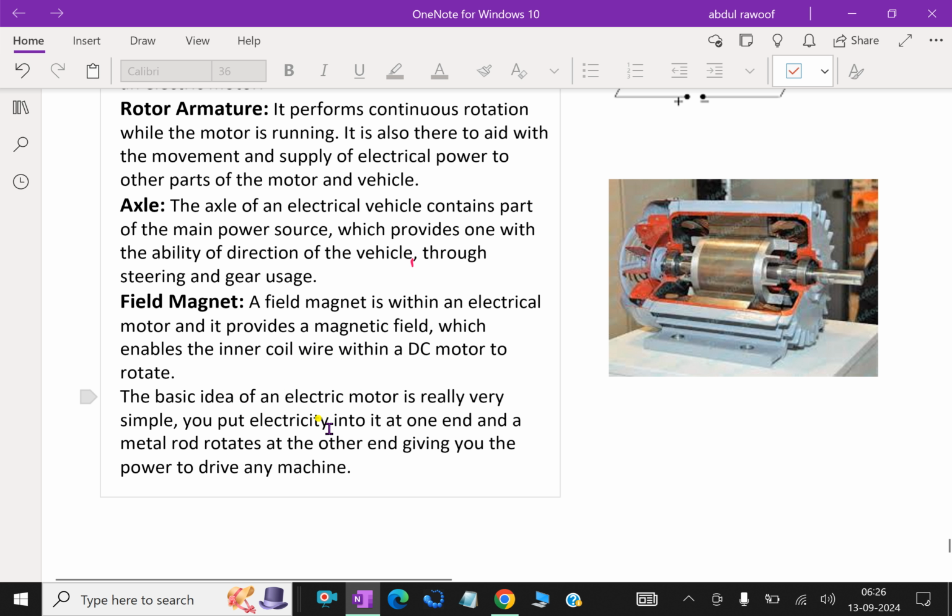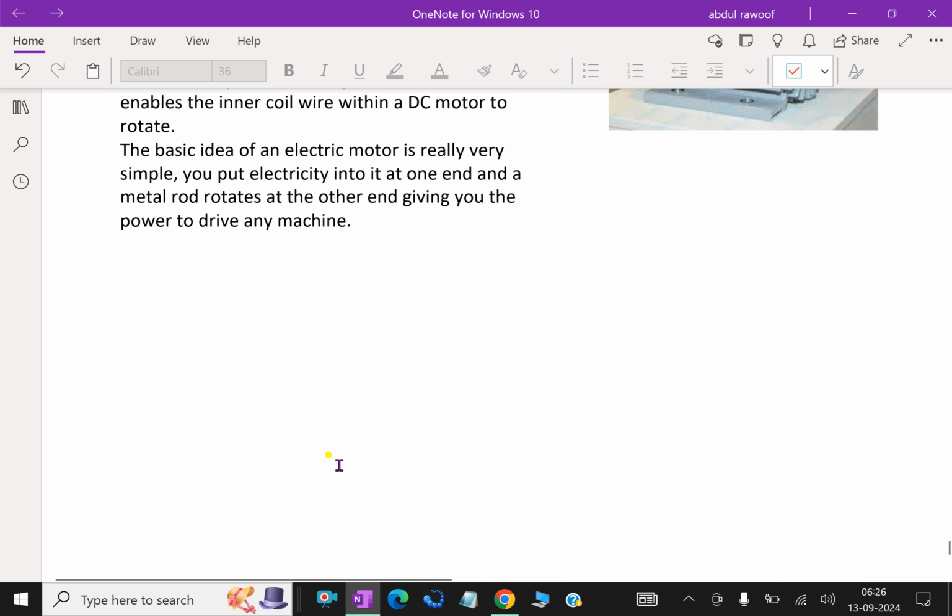The basic idea of an electric motor is really very simple. You put electricity in at one end and a metal rod rotates at the other end, giving you the power to drive any machine. Now, the average torque formula.